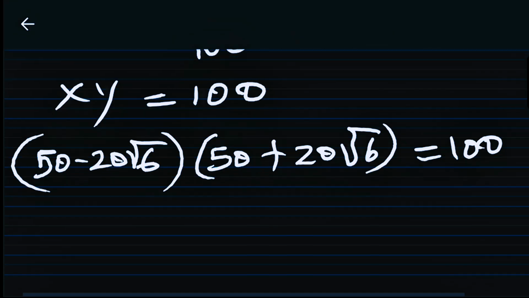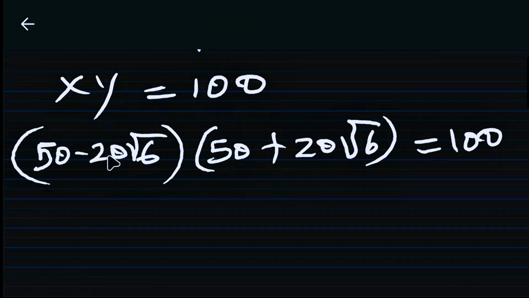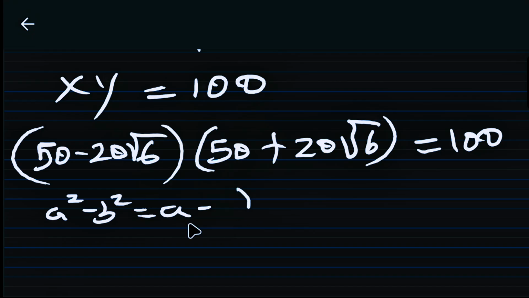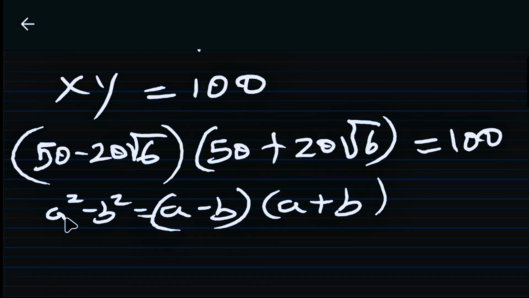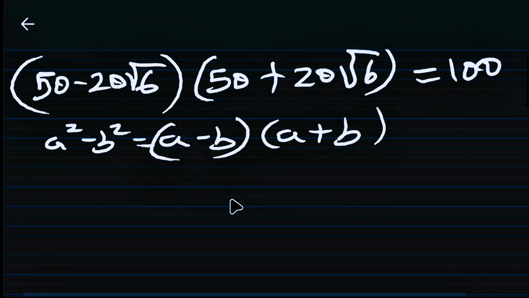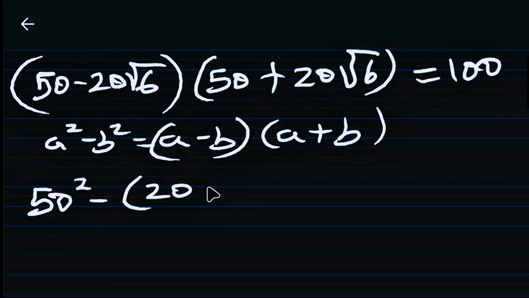So from here, now these two terms are in the form of a difference of two squares, where you have a squared minus b squared, this equals a minus b multiplied by a plus b. So if we express this in this form, we are going to have 50 squared minus, in brackets, 20 square root of 6 all squared. Would this give us 100?